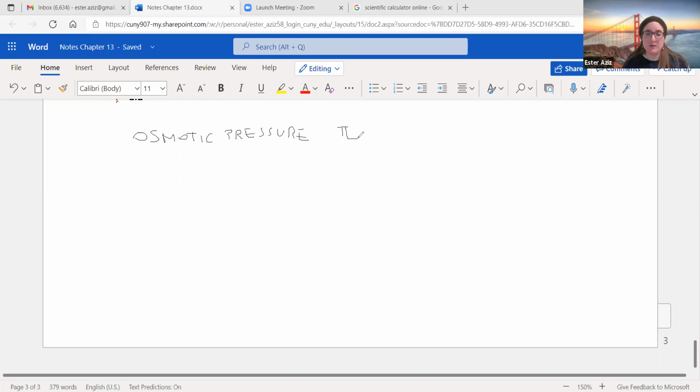Okay, so what it means physically is that let's say you have your solution with a barrier next to it, and on the other side of the barrier there's just pure liquid, pure solvent.